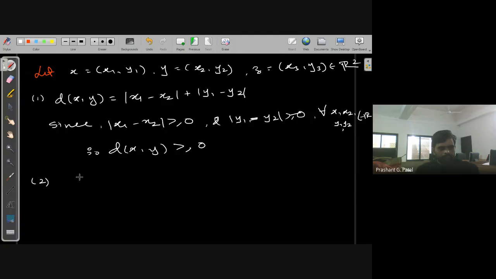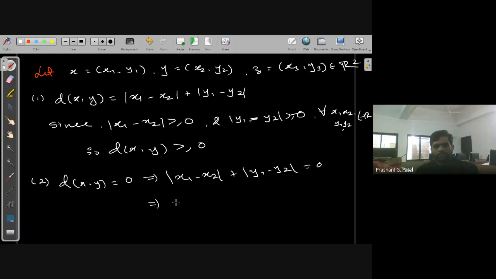The second: d of xy is 0. Then we can say that mod of x1 minus x2 plus mod of y1 minus y2 is equal to 0. And both of them are non-negative, so that implies mod of x1 minus x2 is 0 and mod of y1 minus y2 is 0.